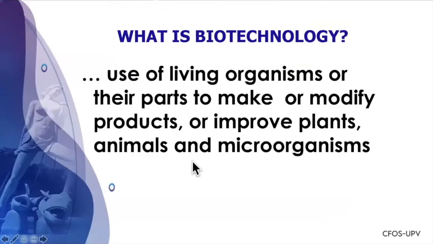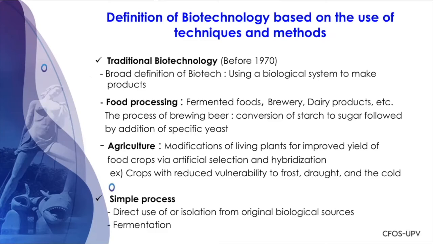Okay. So what is biotechnology? It's the use of living organisms or their parts to make or modify products or improve plants, animals, and microorganisms. So we have the traditional biotech. For food processing, we have the fermented products, mga beer natin, cheese, yon.